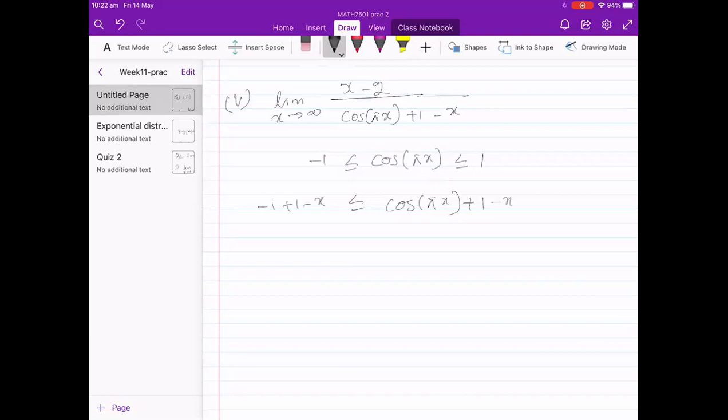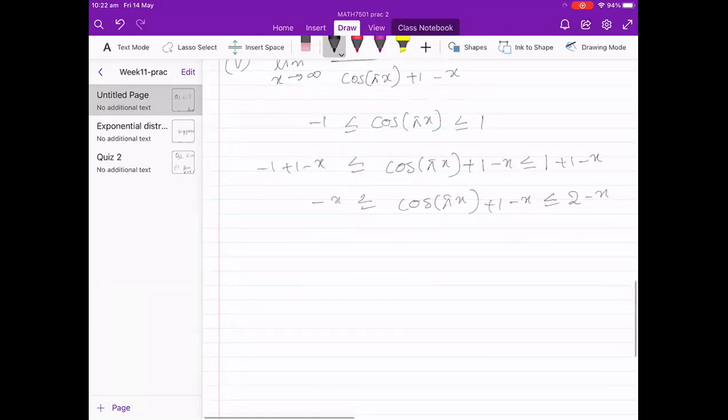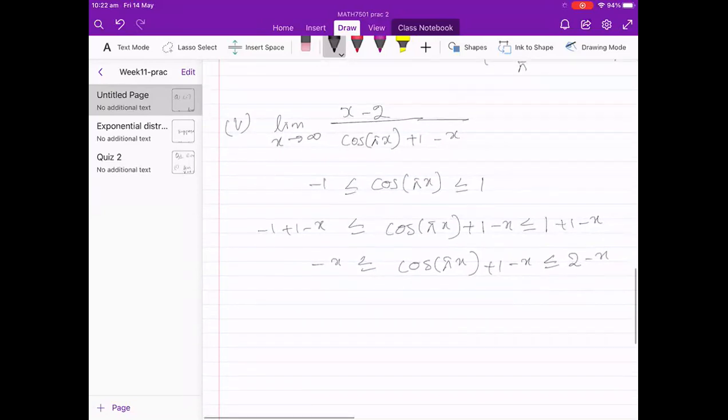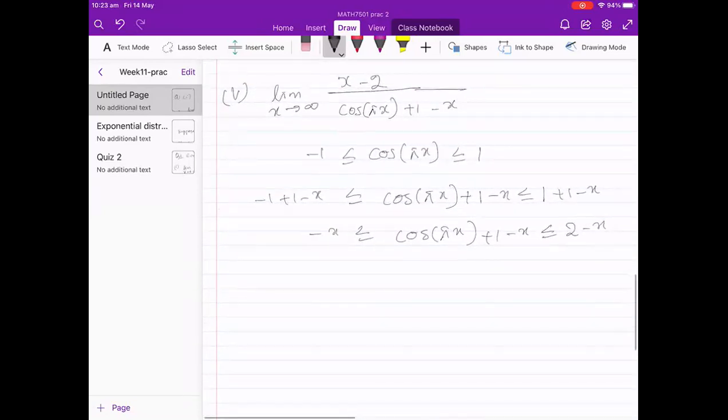So that is minus x, cos pi x plus 1 minus x, then 2 minus x. But we want that to be divided by x minus 2.